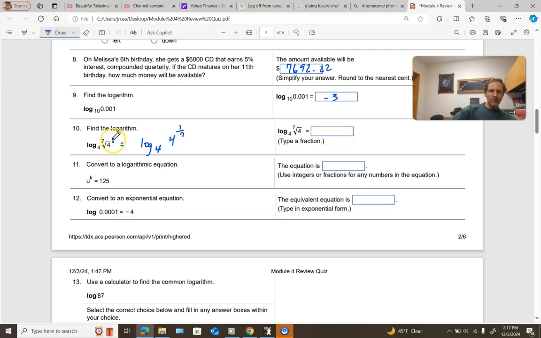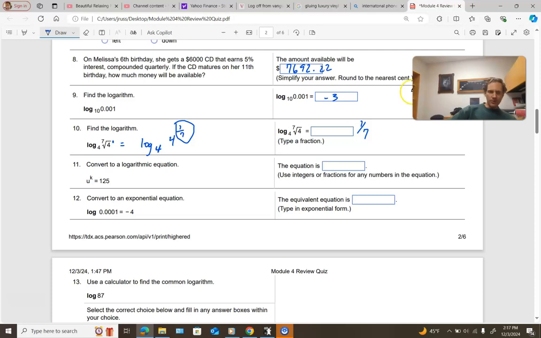It's the exponent over the index. So the 7th root of 4 is the same as 4 to the 1/7. And if you remember, a logarithm is just an exponent. Well, the exponent is right here. Okay, so the value of this is 1/7.